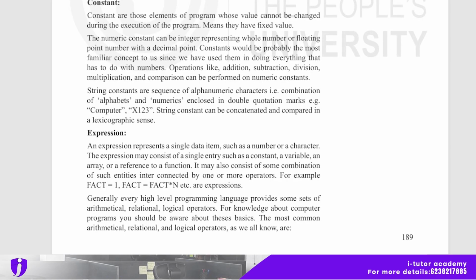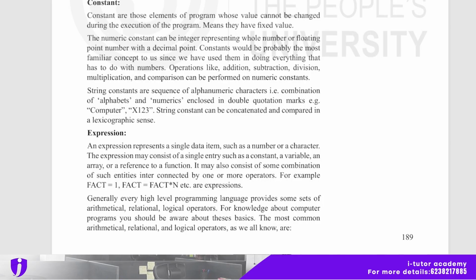Constants are those elements of a program whose value cannot be changed during the execution of the program, meaning they have a fixed value. A numeric constant can be an integer, representing a whole number, or a floating point number with a decimal point. Constants would probably be the most familiar concept to us, since we have used them in everything that has to do with numbers.